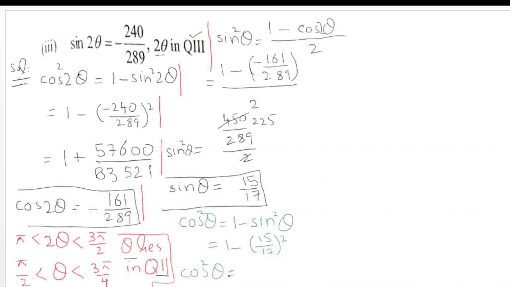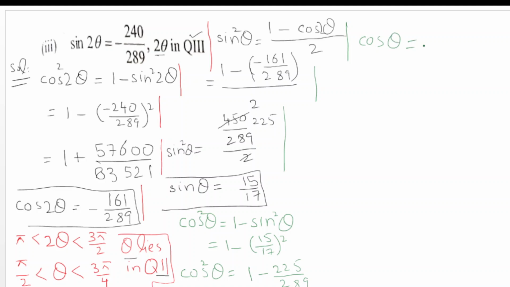So that will be 17 square, let me open the square. 15 square is 225, and that is 289. Okay. Now what we'll do, we'll do the simple thing, take the LCM, and then I will write the answer directly.